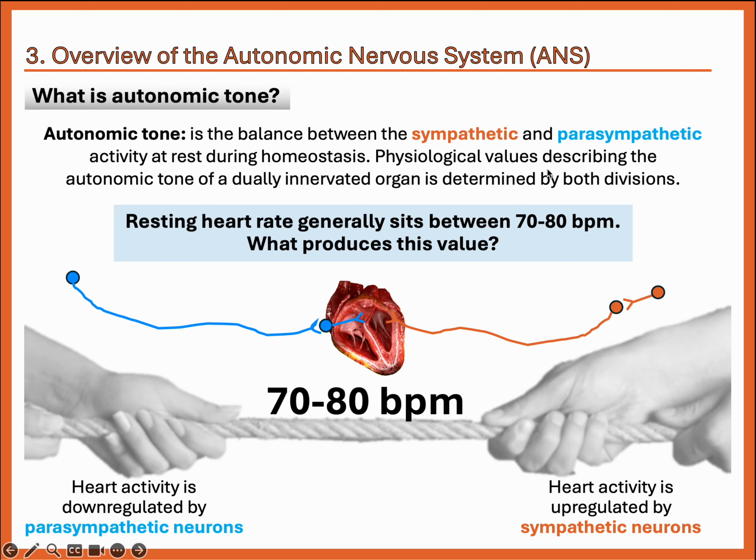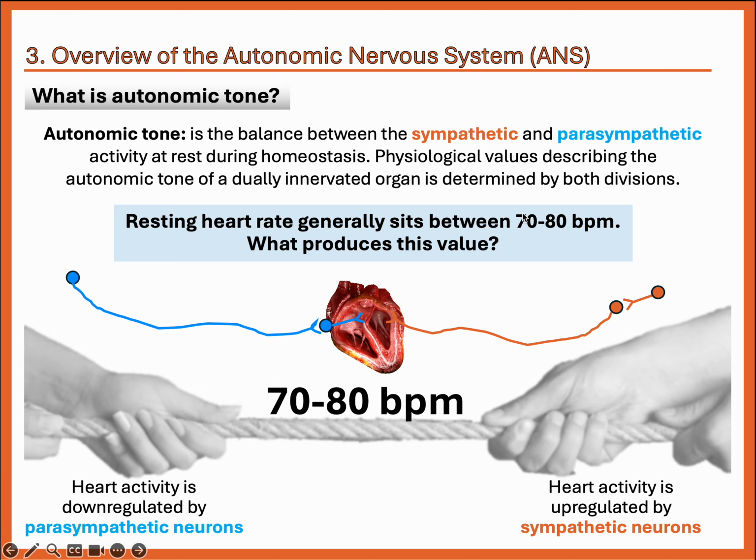So physiological values describing the autonomic tone of a dually innervated organ is determined by both divisions. I'll give you an example of what I mean. This resting heart rate, right now, as if you're not on the treadmill, you could measure your heart rate, and your resting heart rate is generally 70 to 80 beats per minute, okay? So what produces this value?